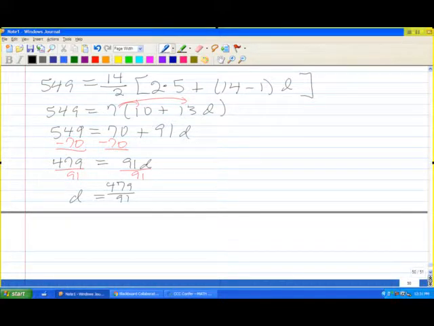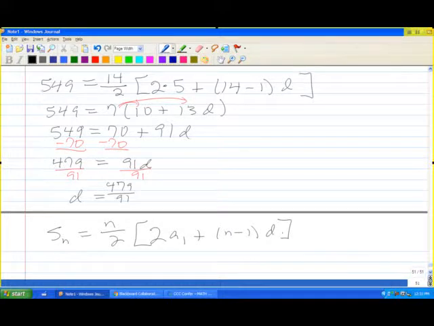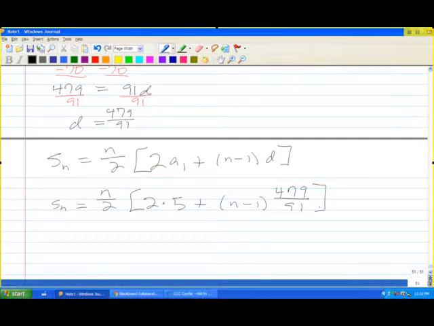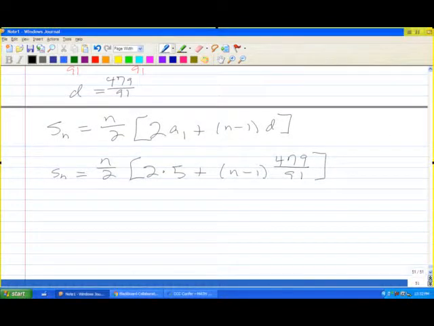Unfortunately. And so I get that the sum of the first n terms is just n over 2 times (2a1 plus n minus 1 times d). A1 was 5, and d is 479 over 91. None of that's going to be very nice, is it?